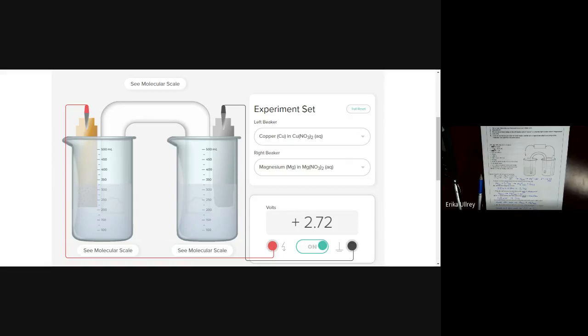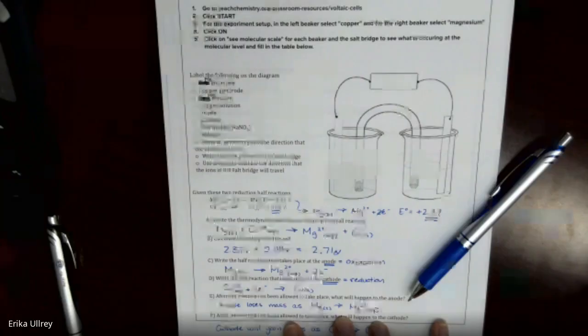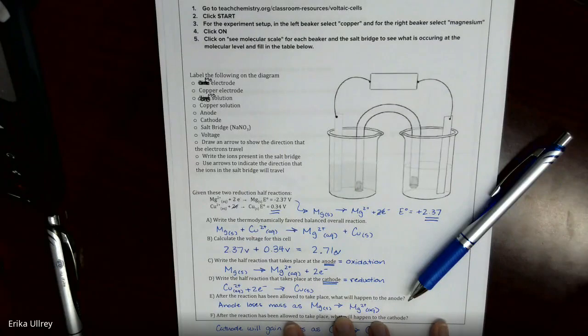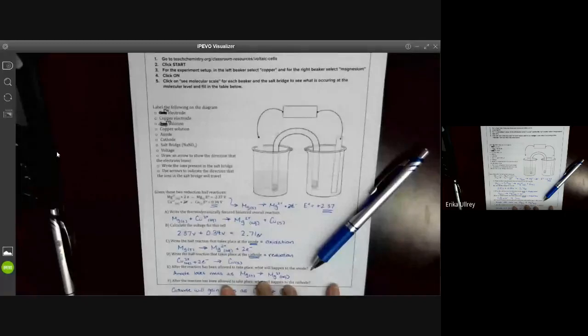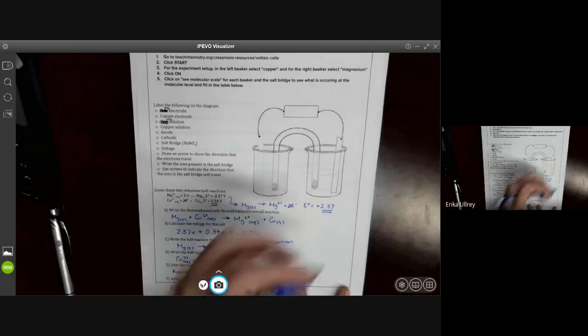Okay. So what we're going to do is we're going to label what's going on. And so here is my setup, my solutions. So the first thing we need to do, it says label the magnesium electrode. So if we want to set it up to look like what we have in our experiment, so we would have our magnesium over here.